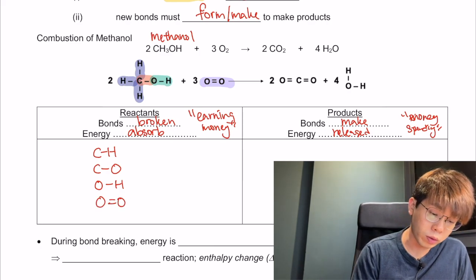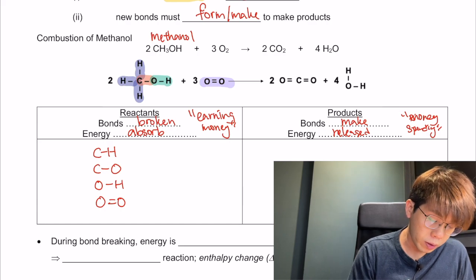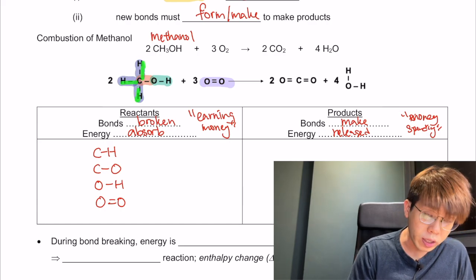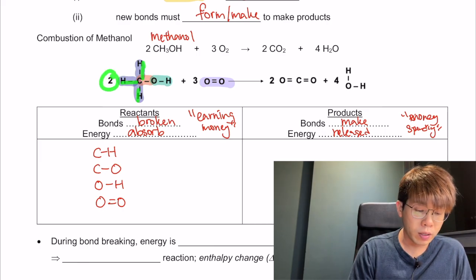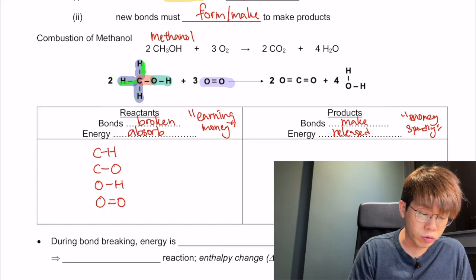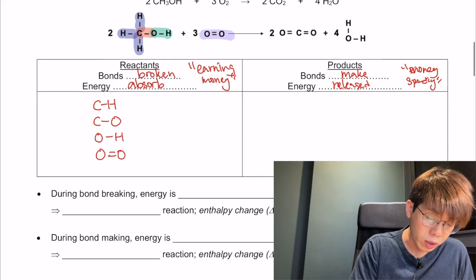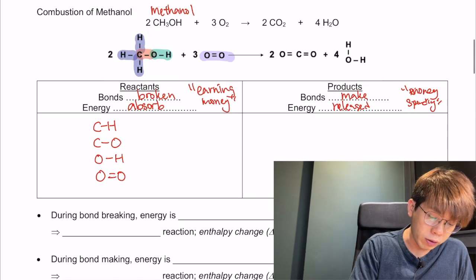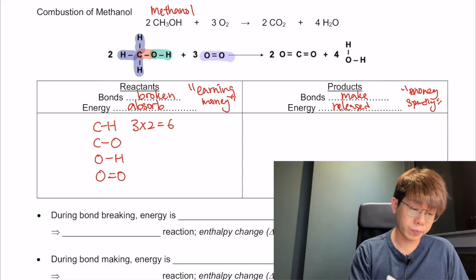Okay, let's count how many we have. For the C-H bond, we got 1, 2, 3. However, take note that we got a 2 right in the front. So even though I got 3 here, there's a 2 here, so everything must times 2. So I'll write the working for it: 3 times 2, there will be 6 of them in total.